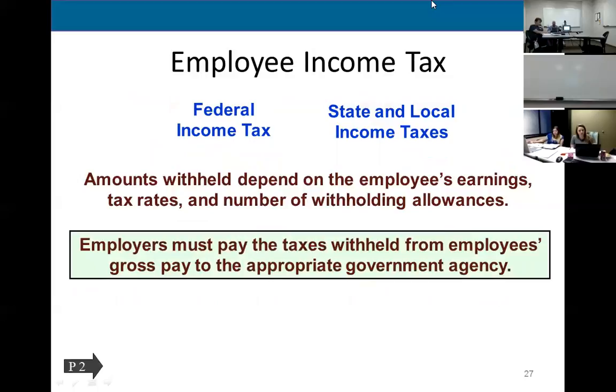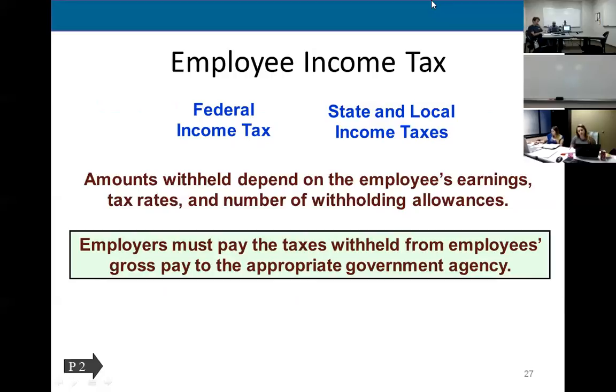All right, employee income taxes. These amounts are going to depend on your employee's earnings, tax rates, and number of withholding allowances. So, Taylor, you just got a new job, and I'm going to guess that your employer had you complete the number of withholding allowances.